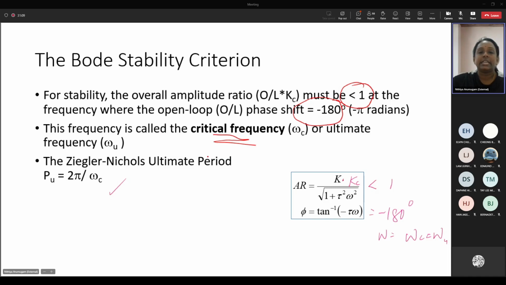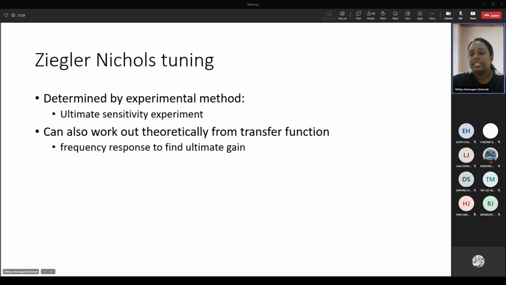There is another tuning method which expresses the critical frequency in terms of the ultimate period. We call that the Ziegler-Nichols method. In the Ziegler-Nichols method of tuning the controller, basically it is conducted by setting the integral and the derivative controller gains to 0.